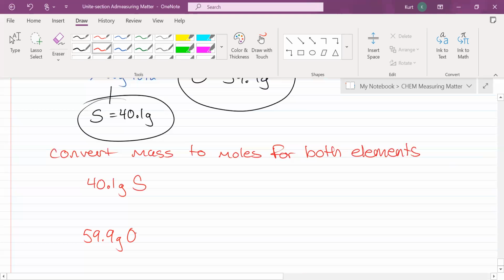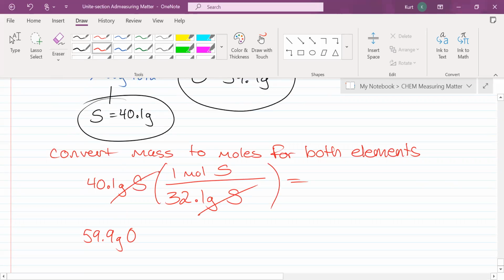What conversion do we use in our arsenal of conversions to convert the mass into moles? Francis? Yes, ma'am. Molar mass for both of them. The molar mass of sulfur is 32.1 grams per mole. Carson, where am I going to put 32.1 grams? On the bottom or on the top? That's right. Grams of sulfur cancels out. This is a division problem.